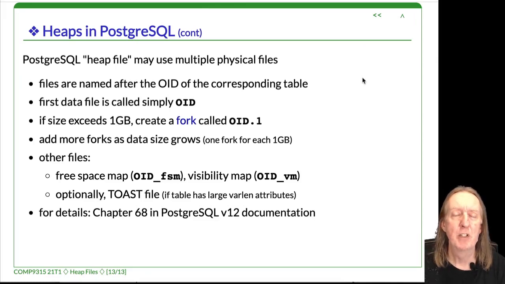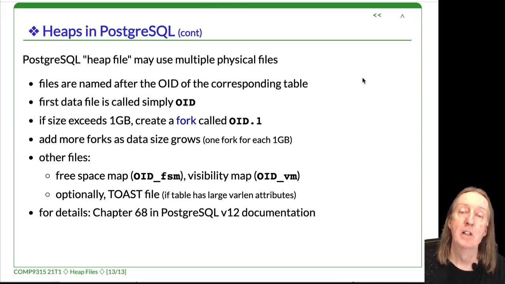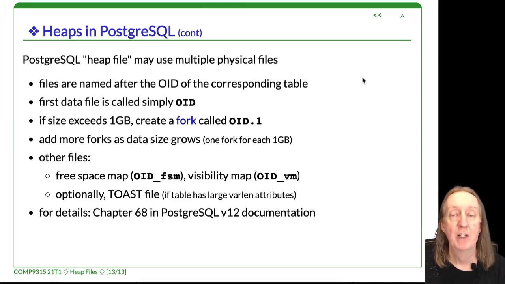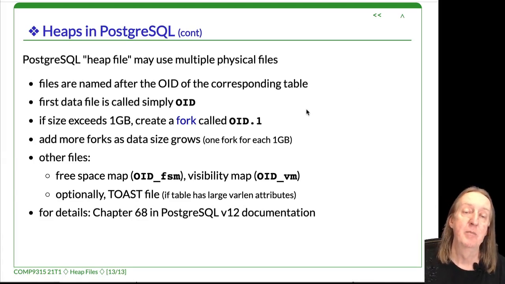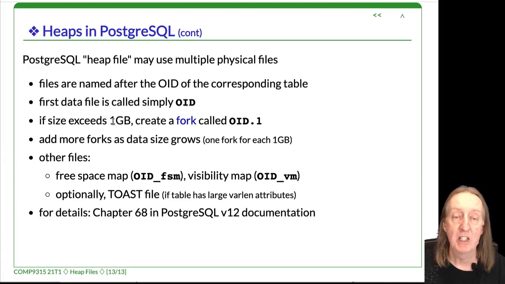Finally, we've already said this a few times, but a Postgres heap file isn't necessarily just a single file. It may involve toast files, of course, but even there's not necessarily a single data file. As I've mentioned, once the size of a data file exceeds a gigabyte, we create a new file called a fork. And we can add more forks.